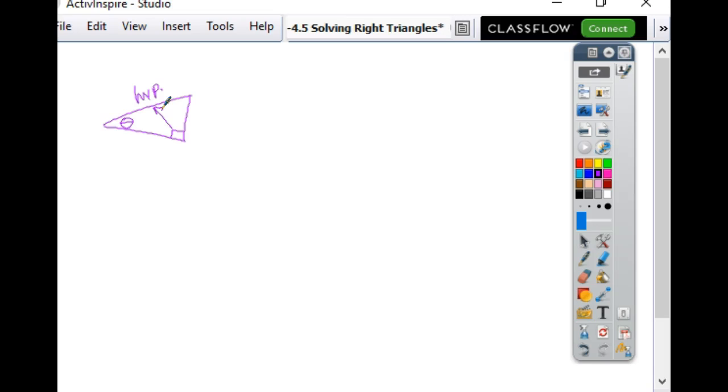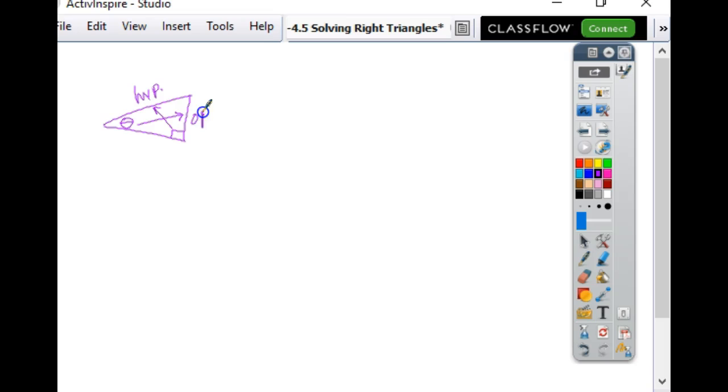So I'm going to have two other sides left. If I'm looking at this angle, and this side is already used, this side, the leg, they make the right triangle. These are the legs. This one is touching this angle. This is the adjacent leg. The opposite leg is the leg across from the angle.